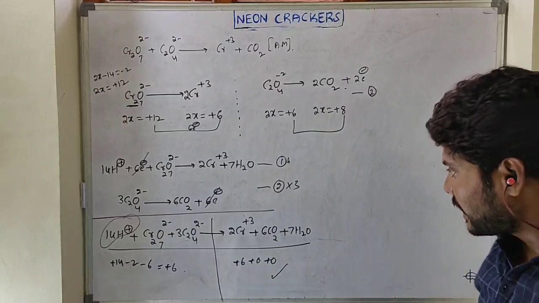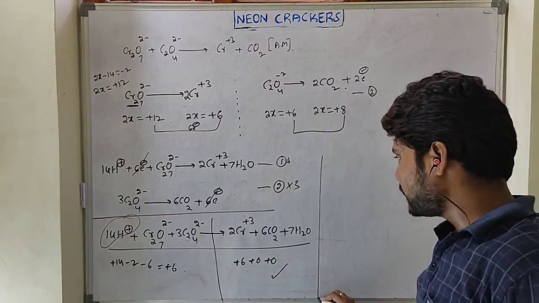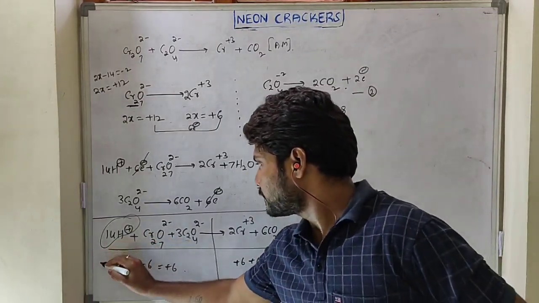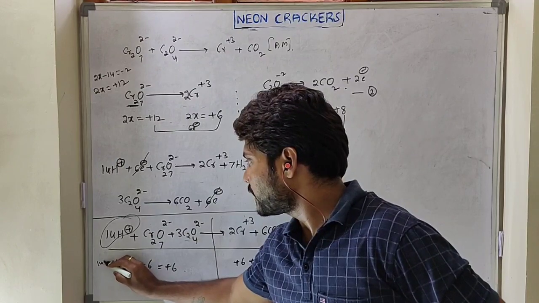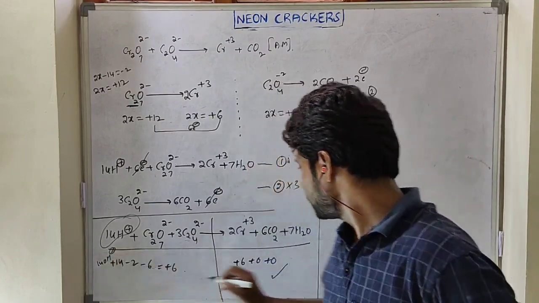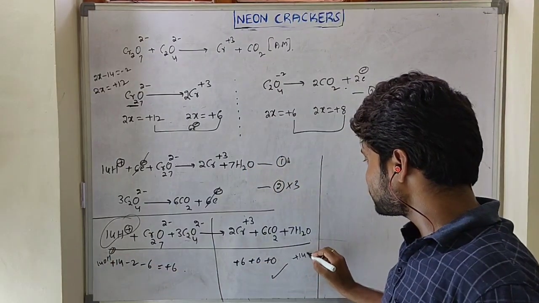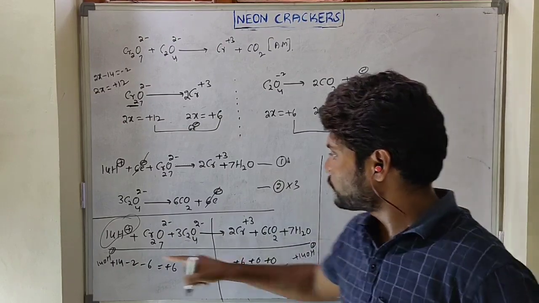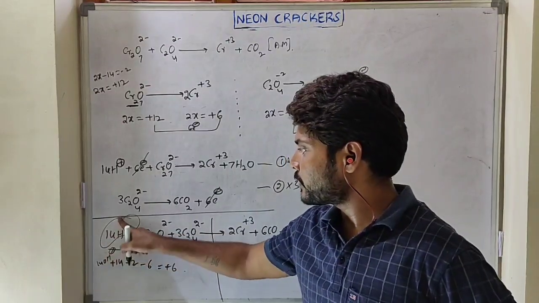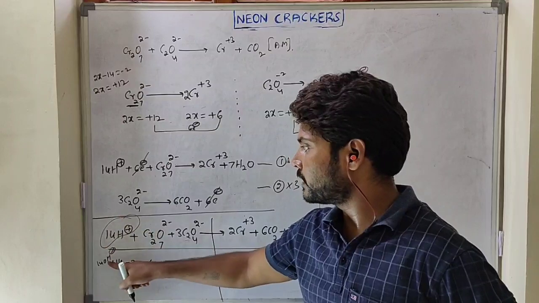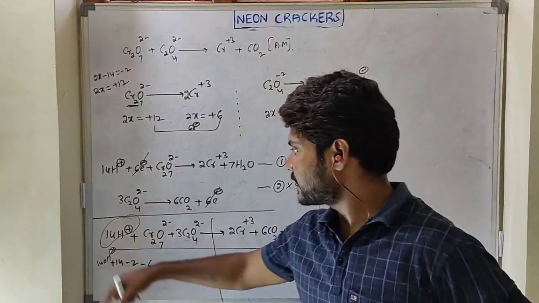Acidic medium. If you want to convert into basic medium, just add the same number, 14 OH minus, on both sides. The 14 H plus and OH minus form 14 molecules of water, and from here 7 get cancelled.